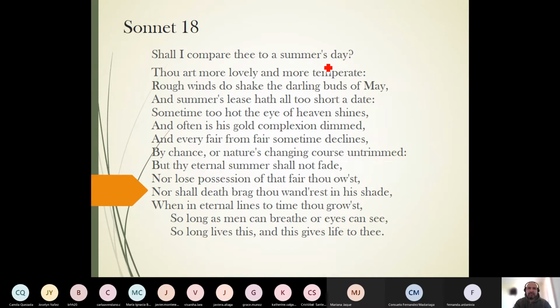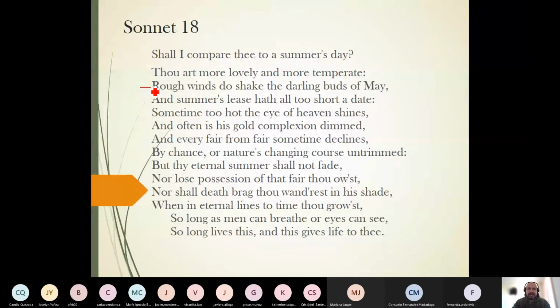A summer's day is warm, you feel very excited about being outside. Imagine yourselves being confined to your houses, and then you can go and enjoy a summer's day, a warm day, let's say in the countryside or on the beach, okay? But no, you're more lovely and you're more temperate. Well, you're warmer and lovelier than a summer's day.